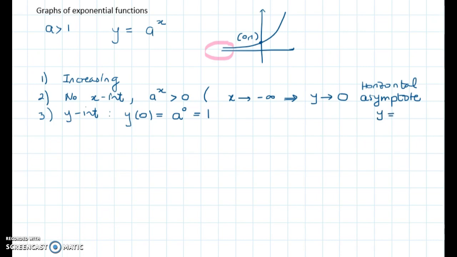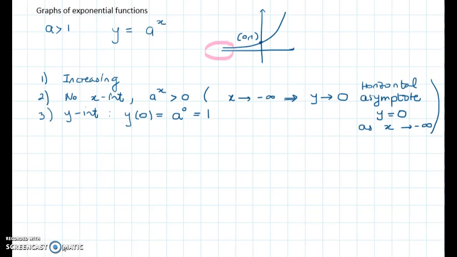So the horizontal asymptote is the horizontal line y equals 0, and this happens as x approaches negative infinity. I know approaching infinity and asymptotes are all new concepts for us, but you're going to start knowing a little bit about them, and then next year you're going to be much more familiar with these concepts.